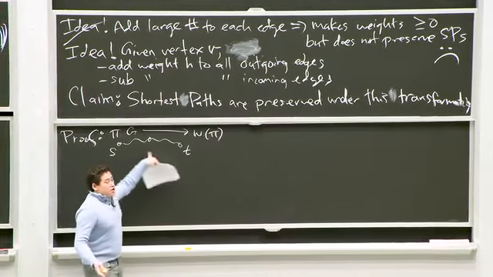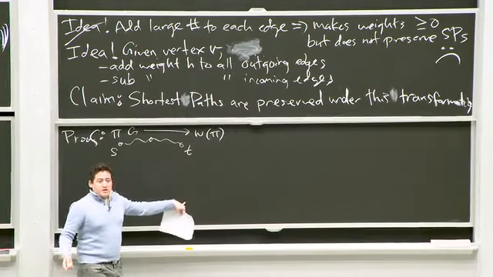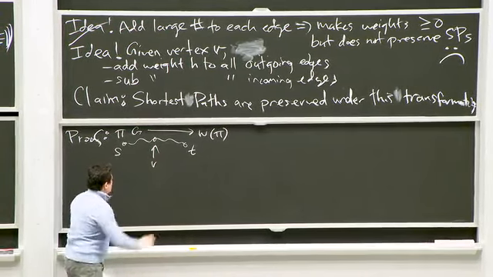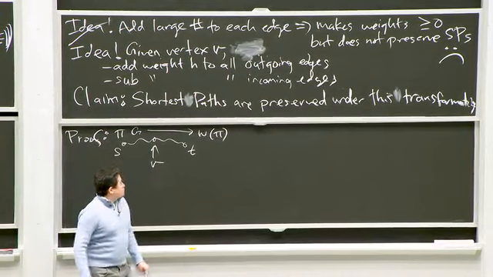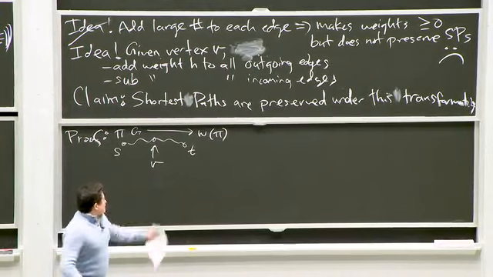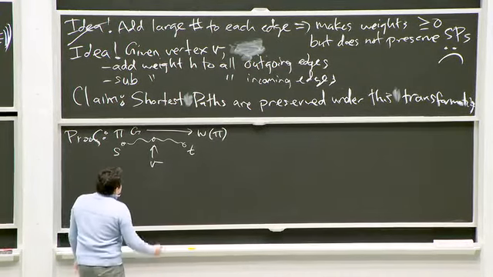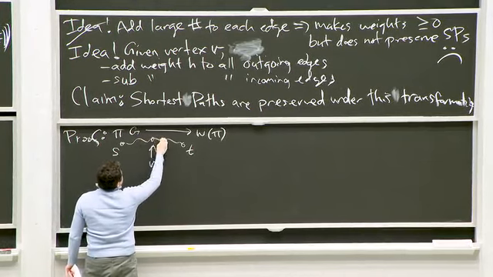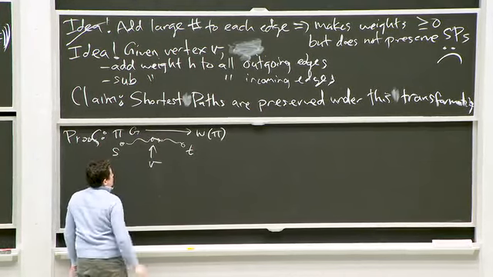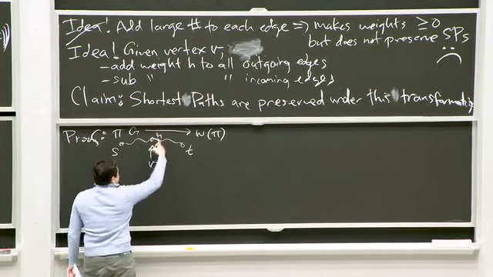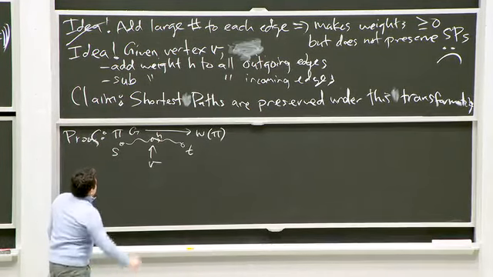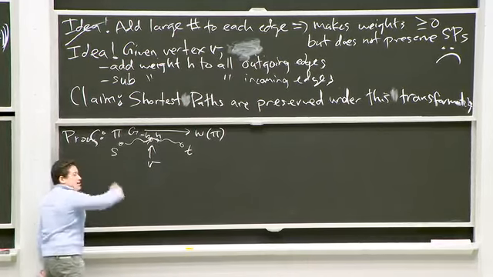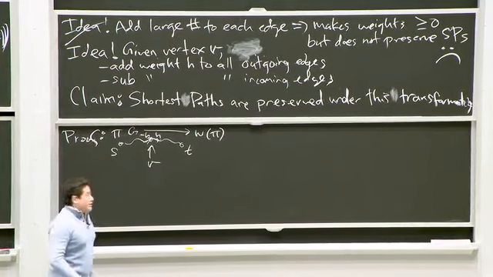Alternatively, this thing goes through V sometimes. If it goes through V in the middle, how has the weight of my path changed? Well, it hasn't, right? Because I added a number to all outgoing edges. So there's an outgoing edge here that I've changed by weight H. And there's an incoming edge here that I've changed by weight negative H. So these cancel out, and you've got 0, right?